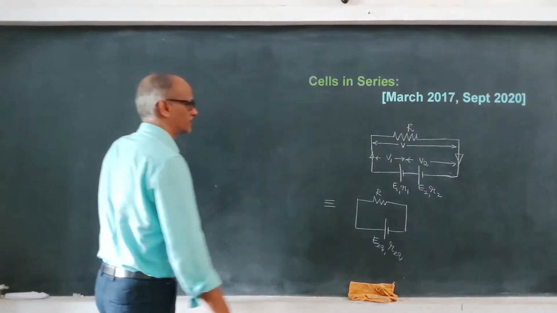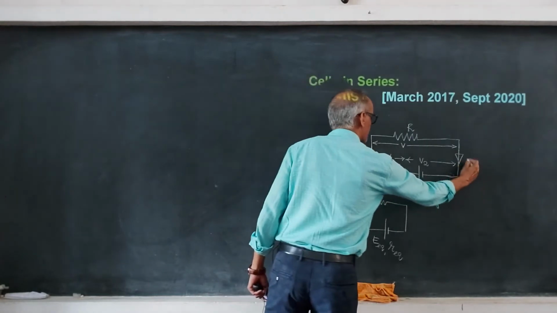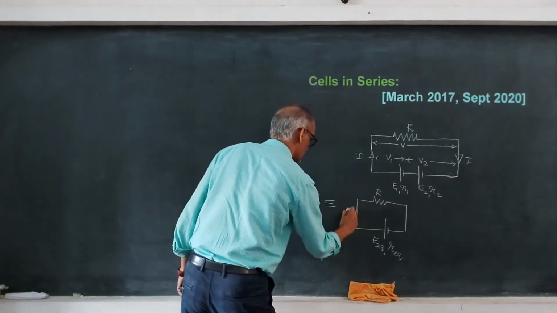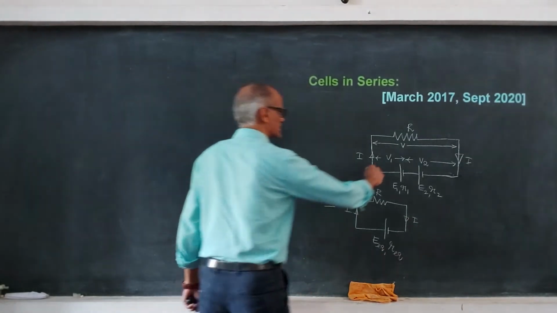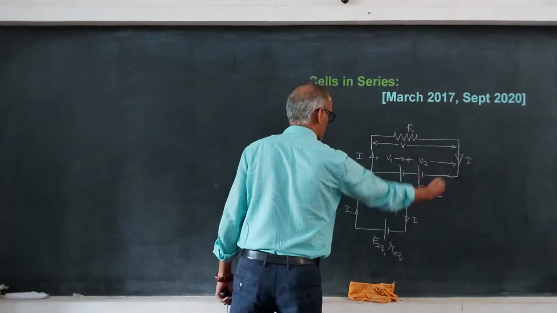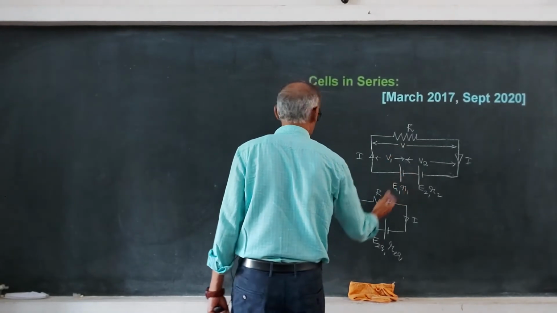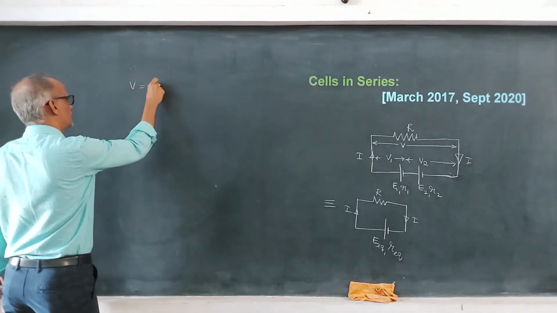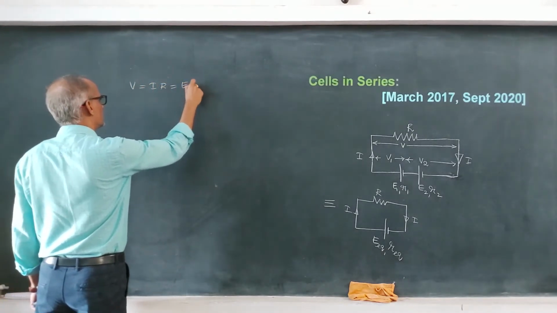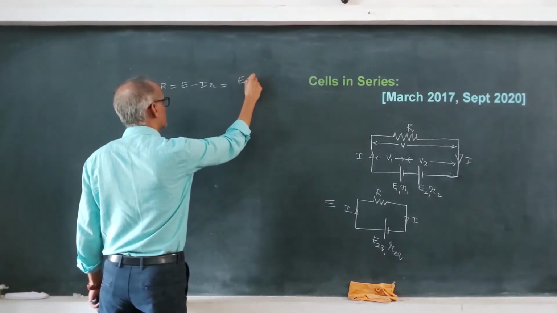So first let's write the potential difference, and I is the current. Here also the current is the same, I. And in series combination, as I have told you, current remains the same. So first let's write the potential difference across the first cell. Various formats are given: V is equal to IR, V is equal to E minus Ir, and V is equal to ER by R plus r.